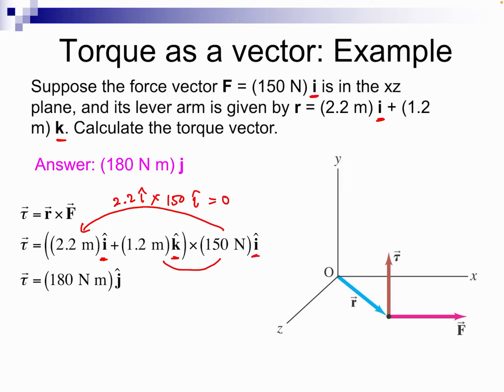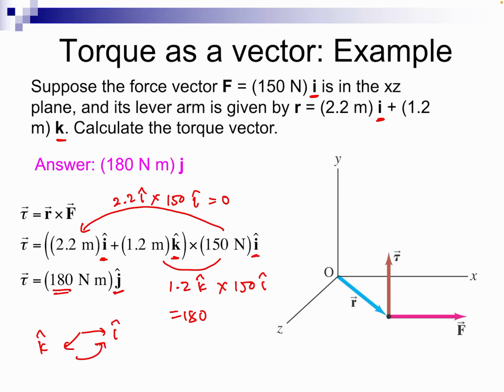Okay. And then the second term, 1.2 k hat crossed with 150 i hat, will give you 1.2 times 150, which is 180, and then do the cross product, k hat crossed with i hat.